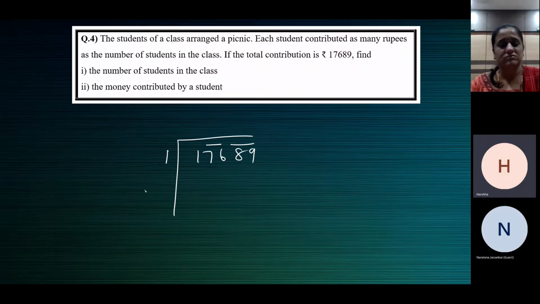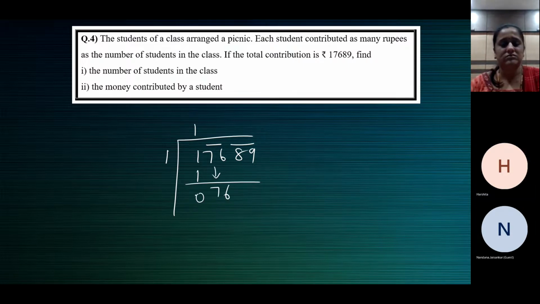We'll take down 76. 76 is divisible by 23, so at the top we have to put 3, and 1 and 3, 13. Because 1 into 1 equals 1, so we put 1 and then bring down 76. 76 equals 23 into 3, so we put 23, and at the top 3, and my remainder for that is 7.